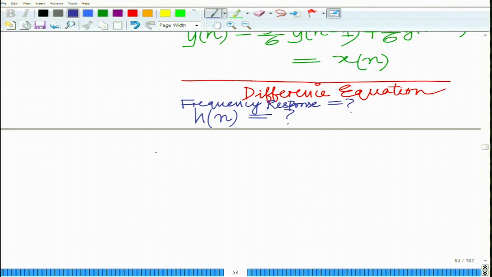Now, the frequency response is simply obtained by taking the DTFT on both sides.